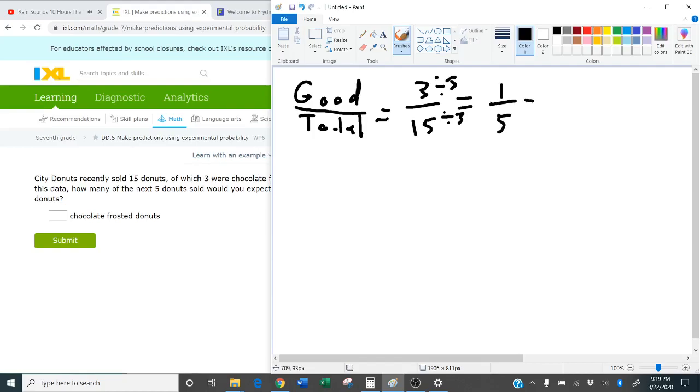And if we do 1 divided by 5, that's 0.2, which is also equal to 20%. So these are just a lot of ways of writing the probability.